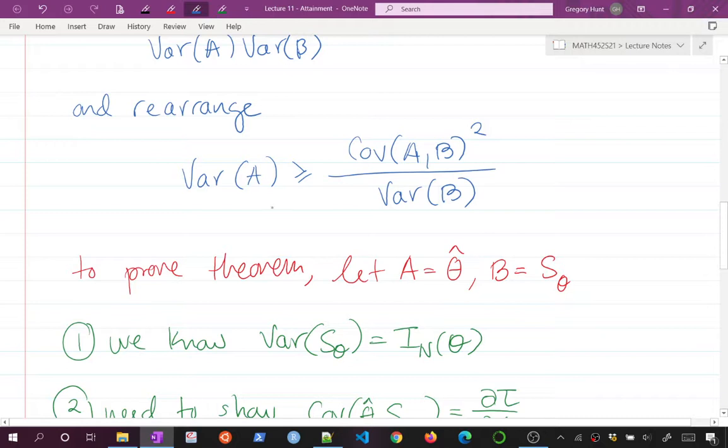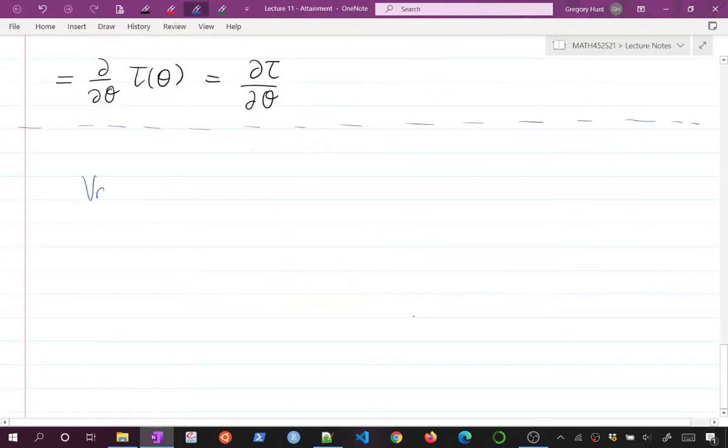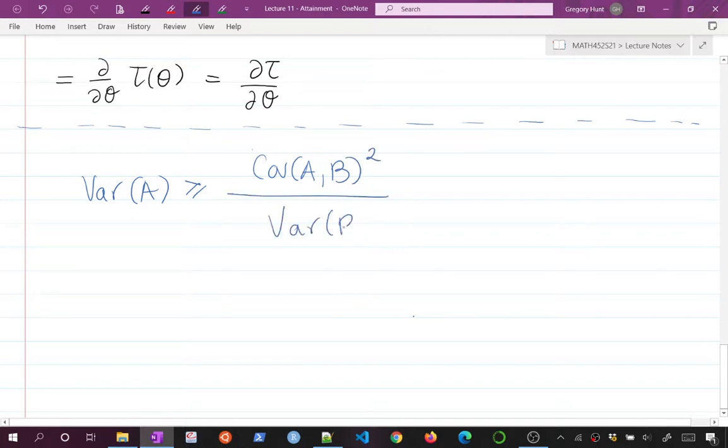So we use this inequality here, let's rewrite it: for any random variables a and b, the variance of a is always going to be bigger than the covariance between a and b quantity squared over the variance of b.